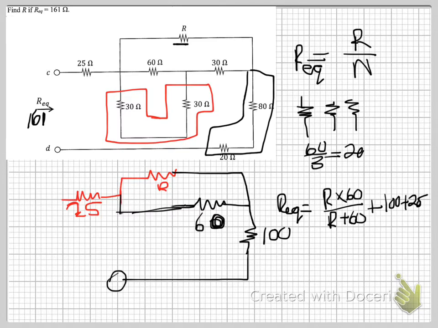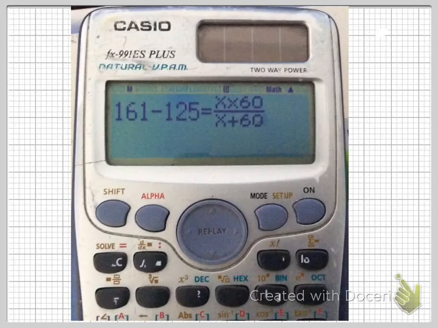So now to find your value of R, you've got 161 minus 125 is equal to R multiplied by 60 over R plus 60. Solving this equation is pretty easy when you have the FX991ES plus calculator, or this version of calculator which can solve equations.